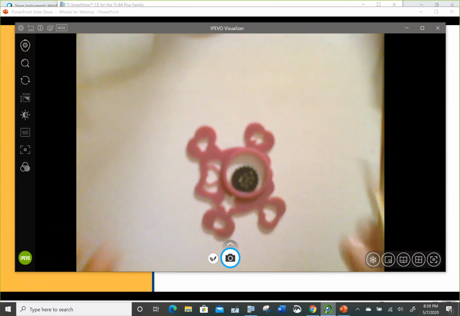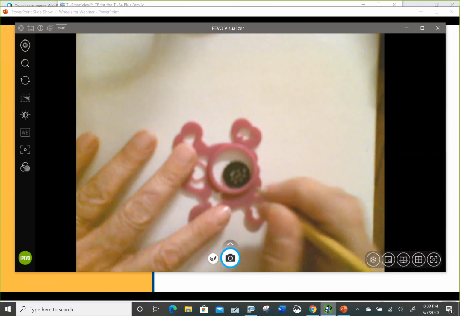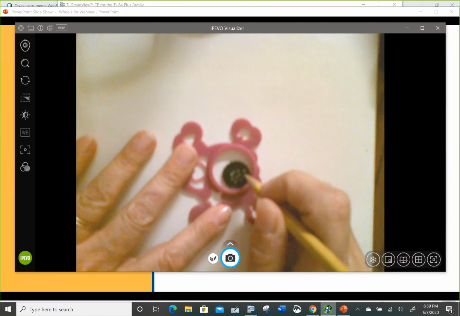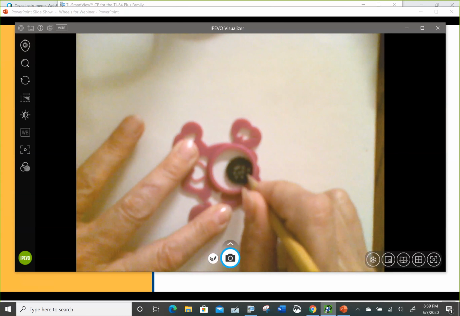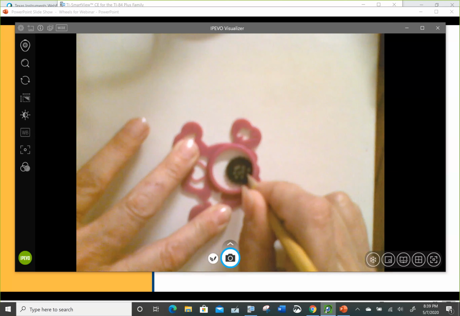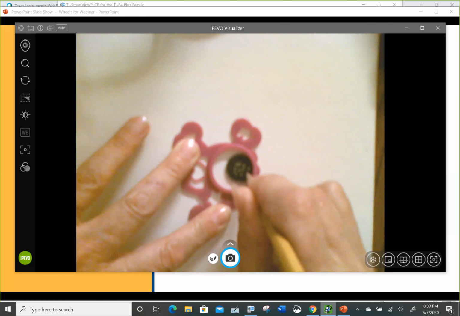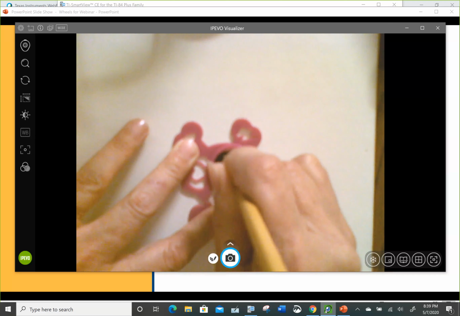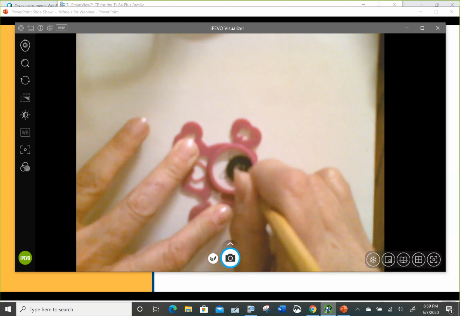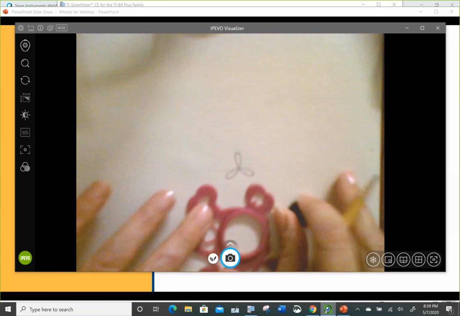I'm going to draw 2 spirographs using my little toy. The first one is going to go at one of the points on the inner gears that's farthest away from the center. And I'm just going to make my little spirograph. You'll notice I have to go around here twice. And that's my little spirograph.